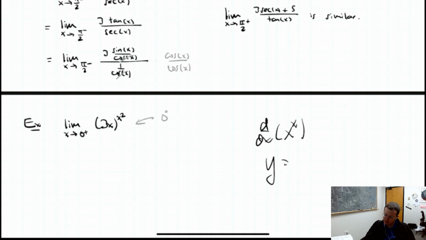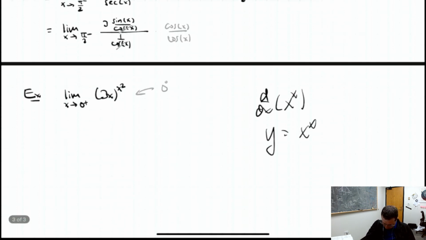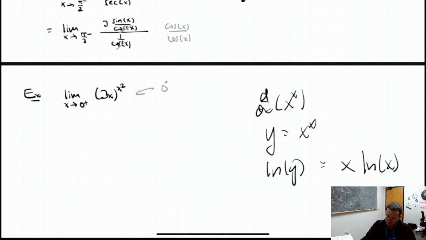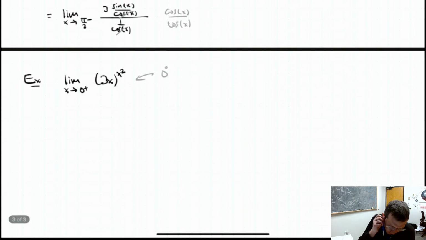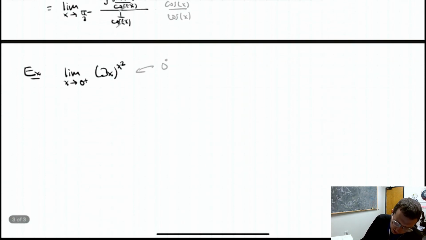The trick there is to set y equals x to the x, take the ln of both sides, the point being that the exponent of an x can come outside of the ln, and then you do some implicit differentiation. So it's just a recurring theme. When we have exponents, taking the natural log often helps.